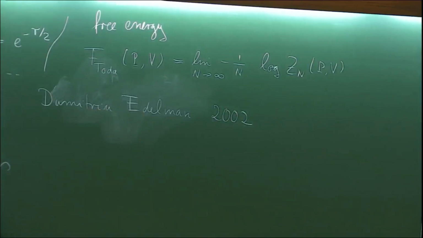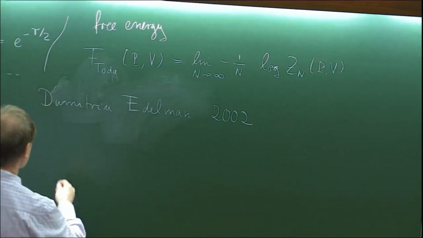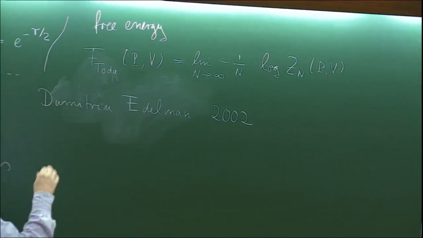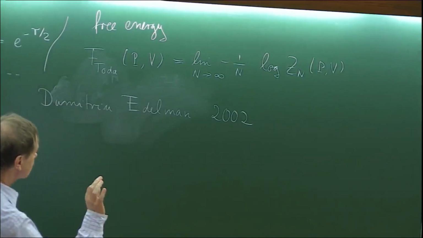They do something rather close, but not completely identical. Let me try to explain a little bit of this Dumitriu–Edelman result. Their motivation was totally different. I think they still don't know anything about the Toda lattice. They come from numerical analysis and wanted to study how to diagonalize random matrices, but never mind.